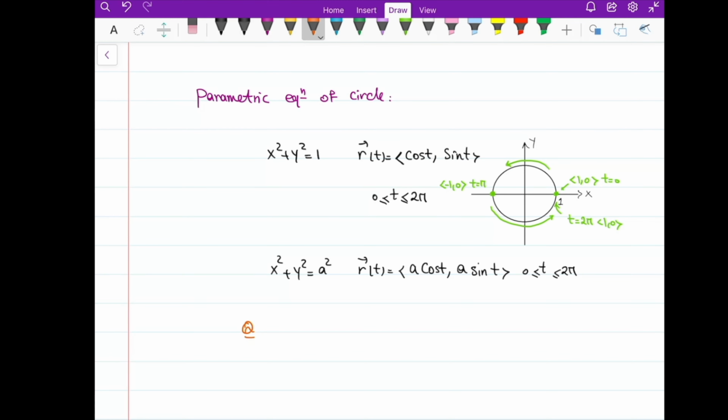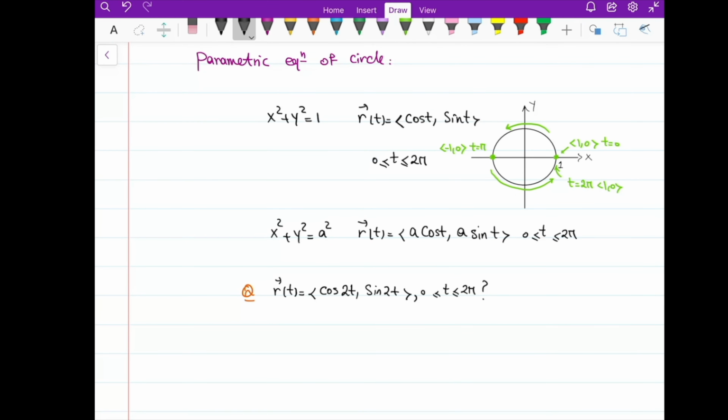Let me ask you a question. If I say r of t is cosine of 2t, sine of 2t, where t is between 0 and 2 pi, what is this curve?